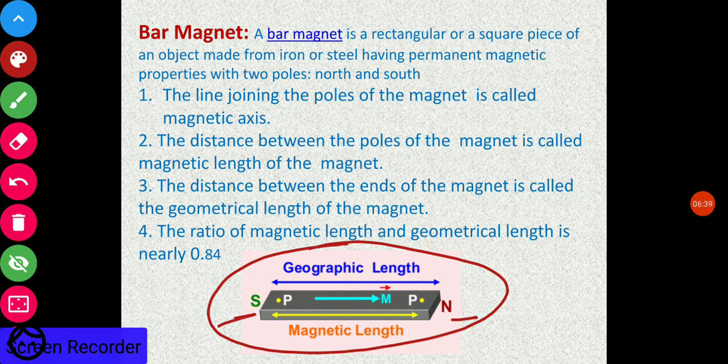The line joining the south pole and the north pole is the magnetic axis, and the distance between the two poles of the magnet is called the magnetic length, while the distance between the ends of the magnet is the geometrical length. So there is a difference between the magnetic length and the geometric length. From the figure it is clear that the magnetic length is always less than the geometric length, and their ratio is approximately 0.84.